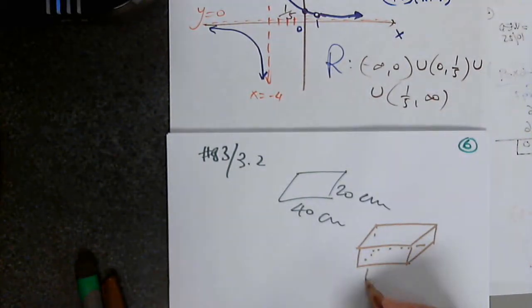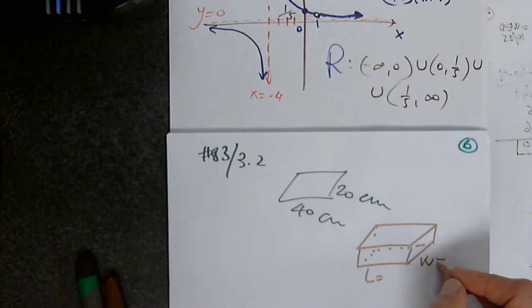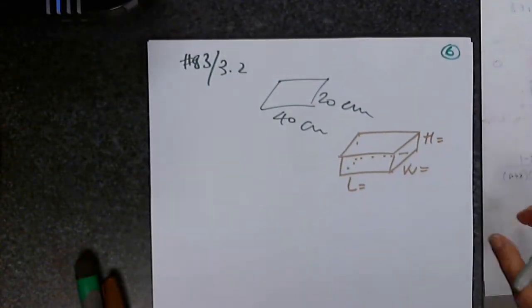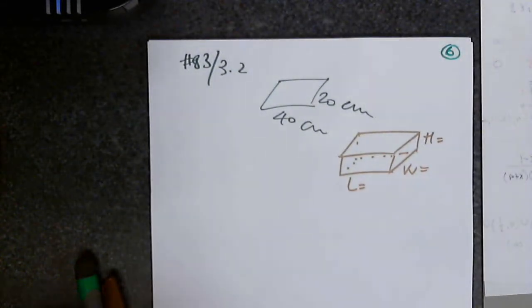So what will be the length, what will be the width, and what will be the height? Notice that I haven't even finished reading the problem. It says an open box is to be constructed from a piece of cardboard 20 by 40 by cutting squares of side length x from each corner and folding up the sides, as shown in the figure. Express the volume V of the box as a function of x. So what is the length?